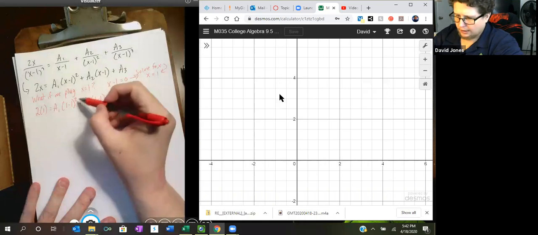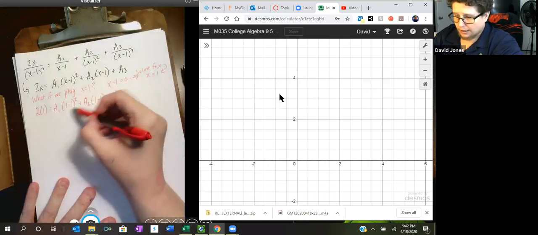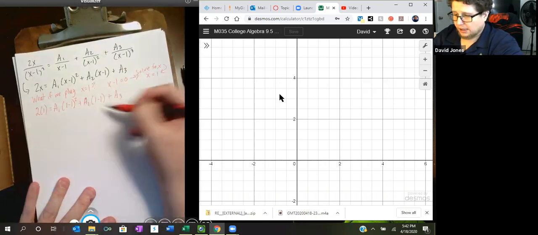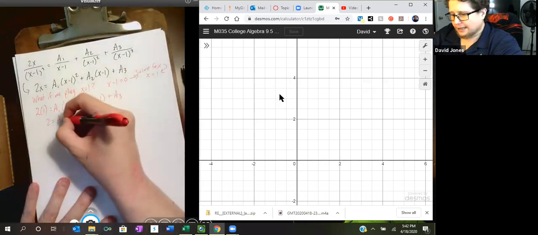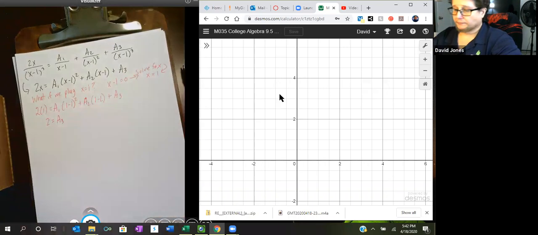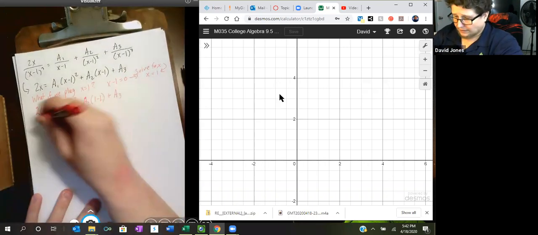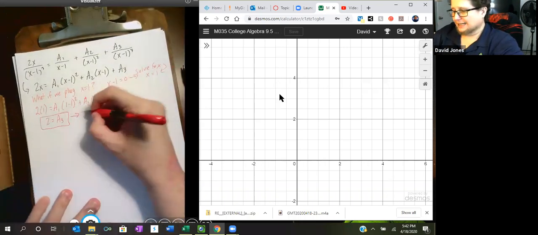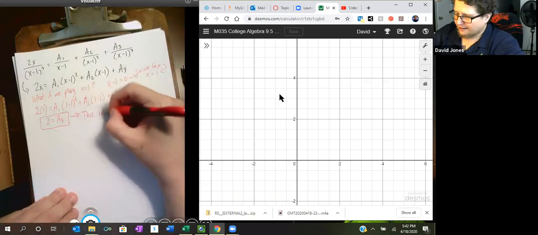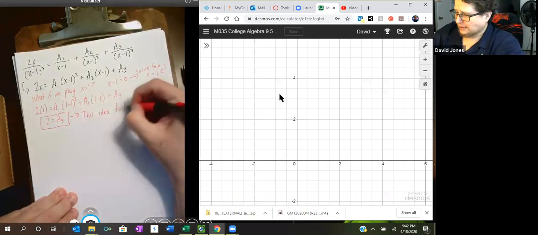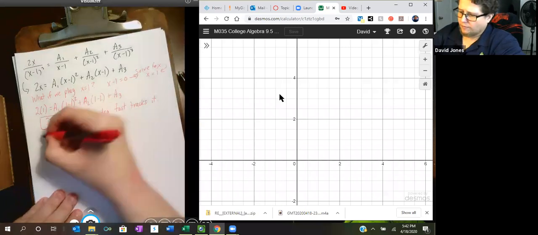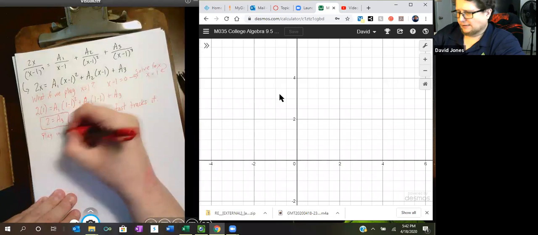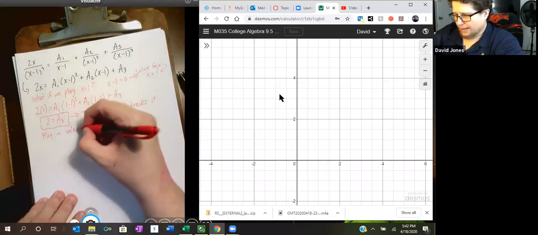And a1 times 1 minus 1 is 0, this goes away. a2 times 1 minus 1 is 0, this goes away. This tells me immediately that a3 equals 2. This can fast track it. This idea fast tracks it. Plug in values that make terms 0.